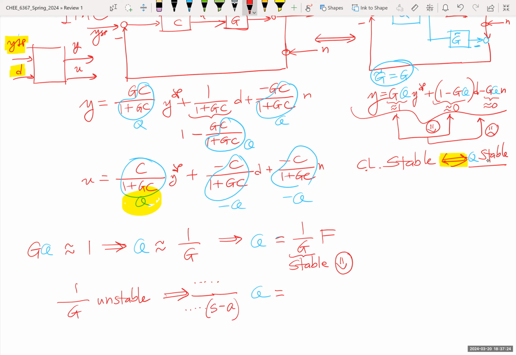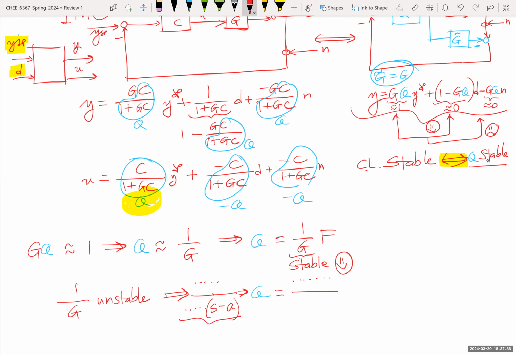And the pole is in the right half plane. Okay. Well, use then for Q 1 over G, same things as here, except now put a minus sign here. And then use the filter F. And filter F is typically 1 over (lambda s plus 1).